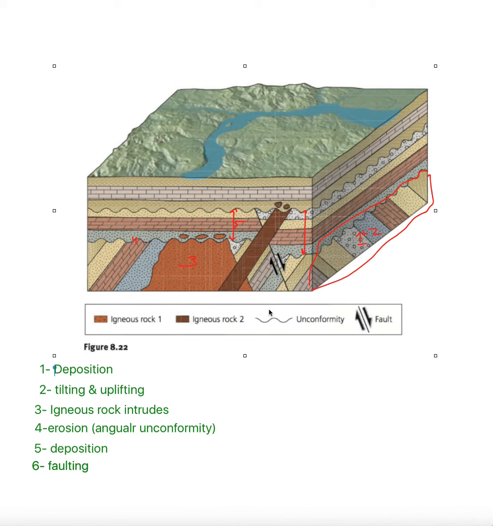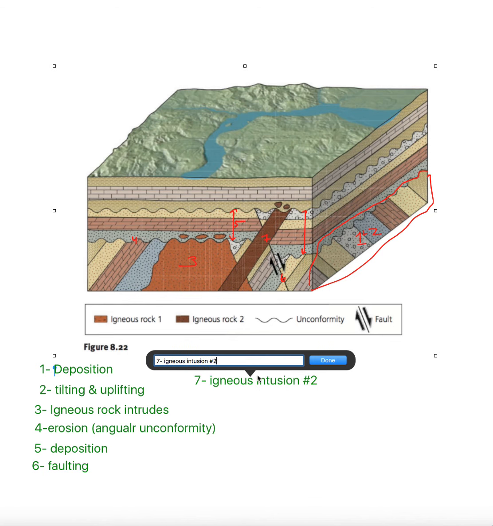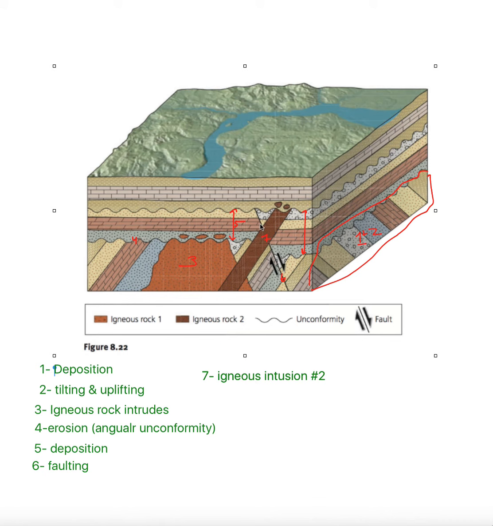So our next one would be faulting, which we can label this number 6. Then our igneous intrusion, number 2, would be number 7. Which once again, it's cutting across everything, including the fault.